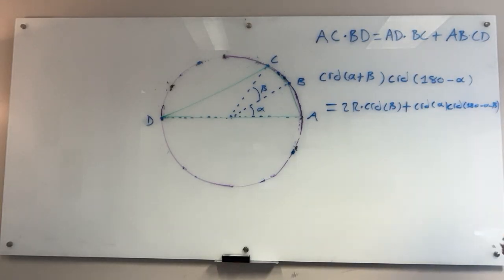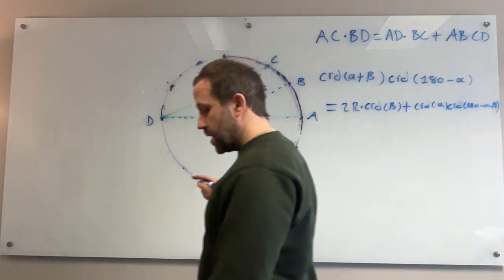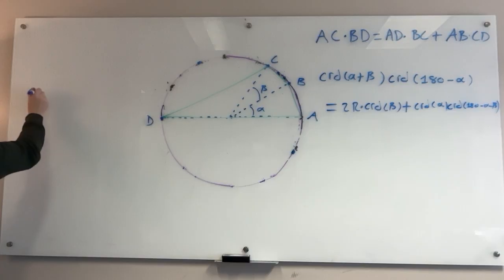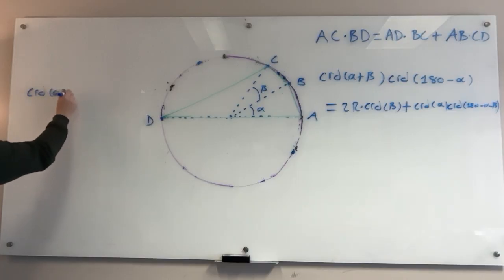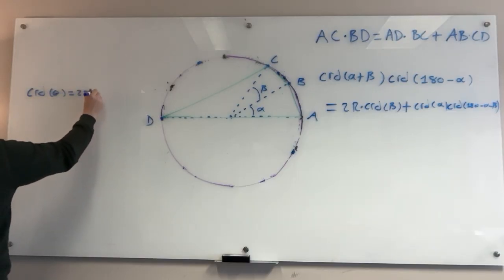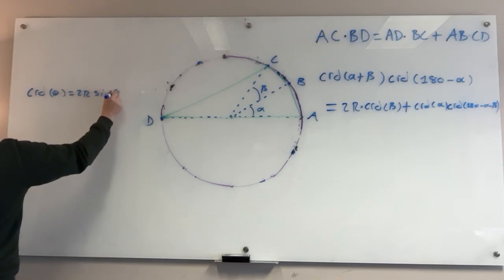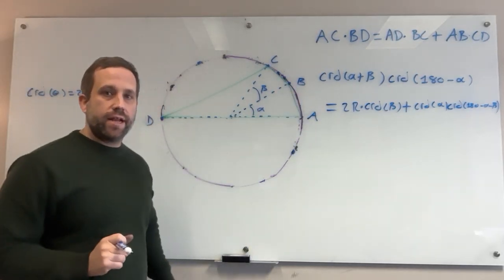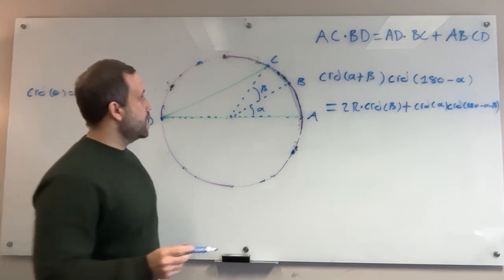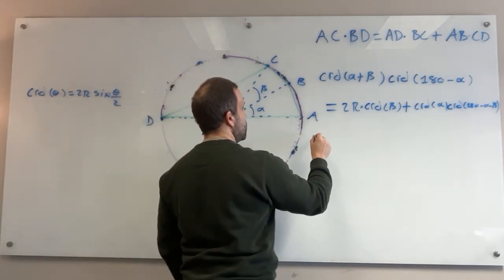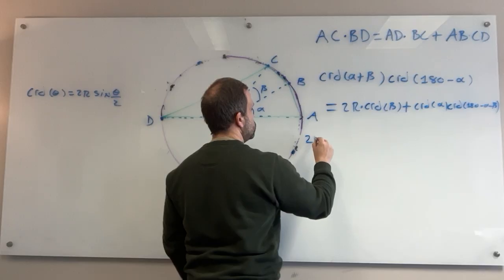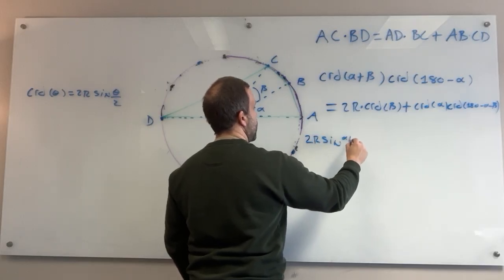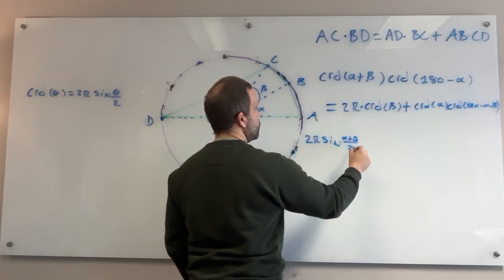Okay, so now what I want to do is translate everything into sines. So remember that chord theta is equal to 2r sine theta over 2. So now wherever I see a chord, I'm going to write it as sine. So chord alpha plus beta is going to be equal to 2r sine alpha plus beta over 2.